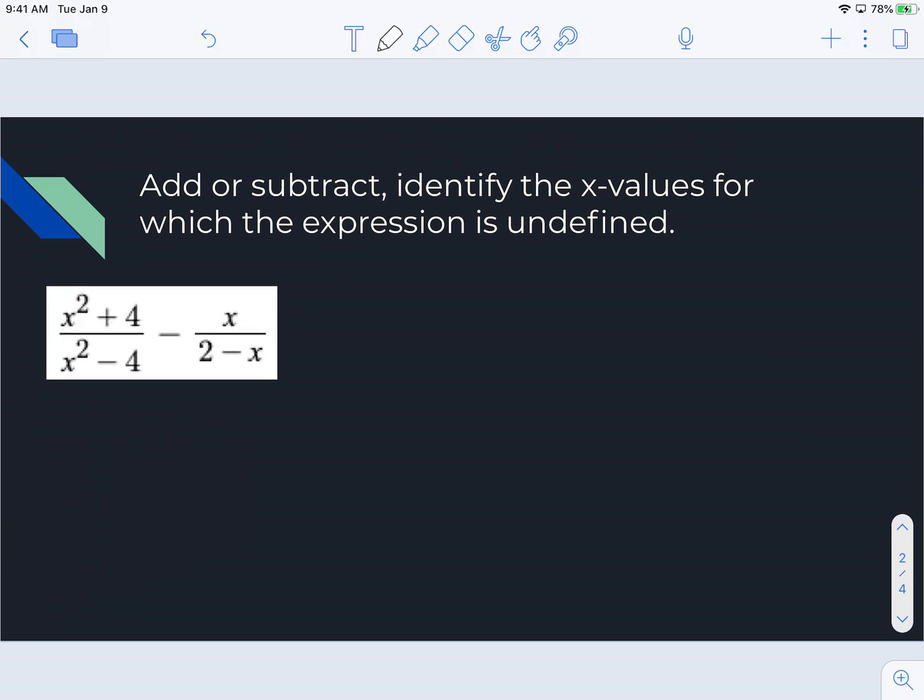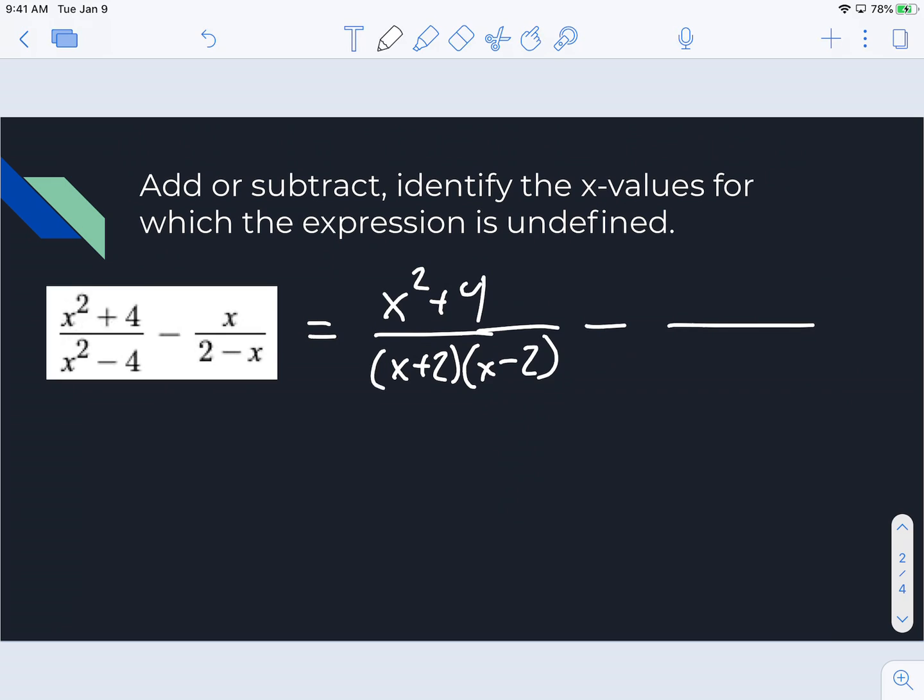Now this one is, again, just basic difference of squares factoring, so x squared plus 4 over x plus 2, x minus 2. For the second part, though, I'm going to rearrange things and then factor out a GCF. So I can take this 2 minus x and rearrange the order and make it minus x plus 2.